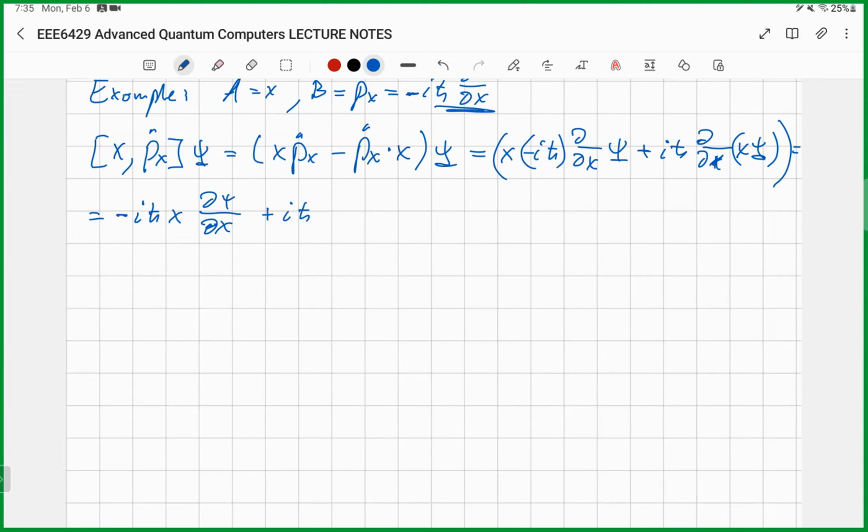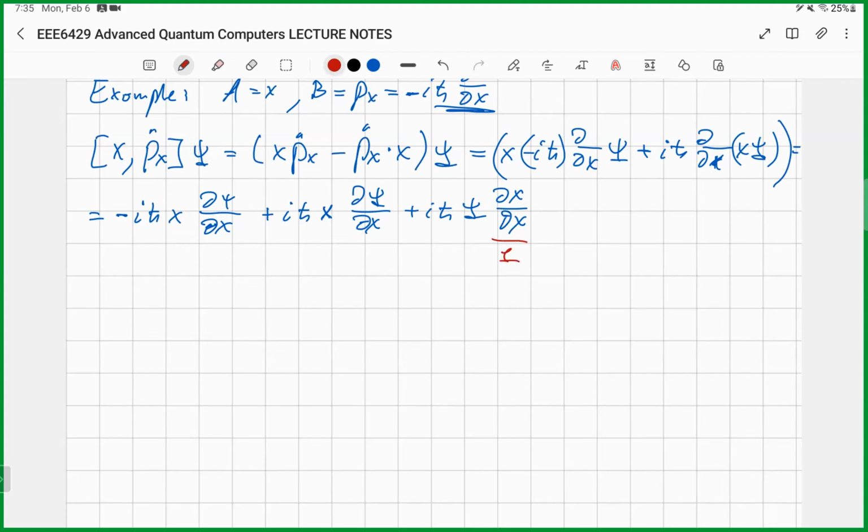So this is the derivative of x times psi: dx/dx times psi, plus x times dpsi/dx. So dx over dx is 1.